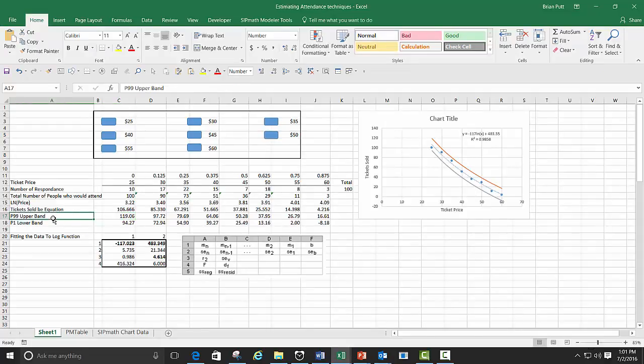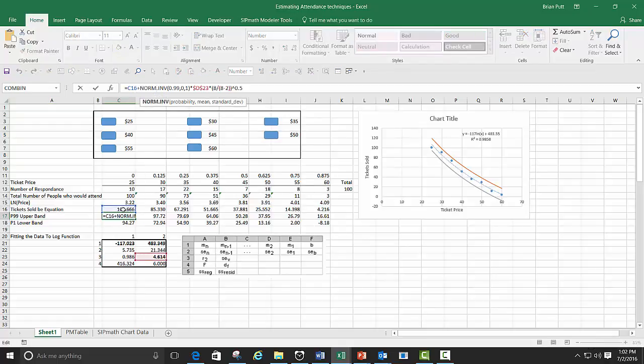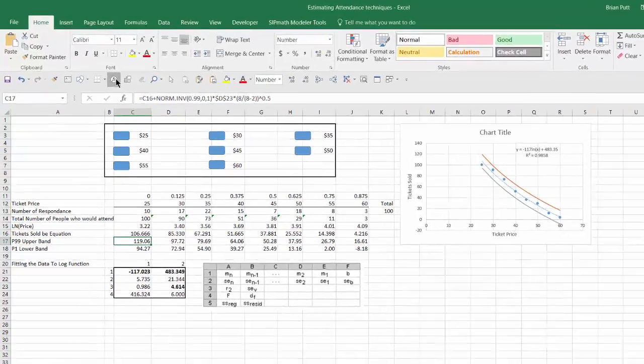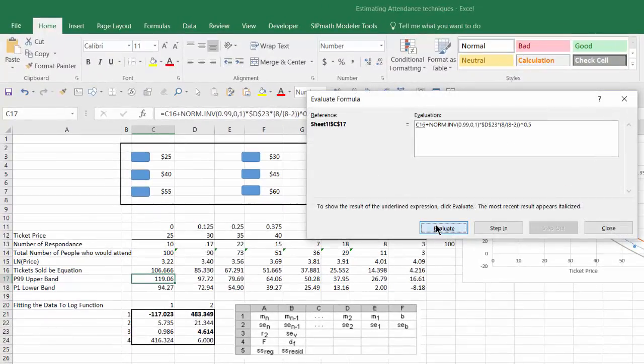So let's start with the P99 upper band. It's calculated as the expected value from the equation times the normal inverse at the P99th percentile times the standard deviation, and then adjusted for the degrees of freedom. So let's use the f of x function to evaluate this. f of x gives us the 106. The norm gives me 2.32.